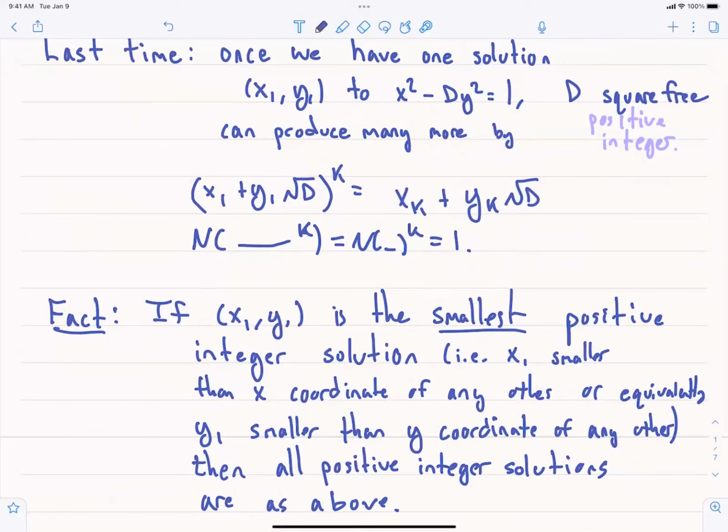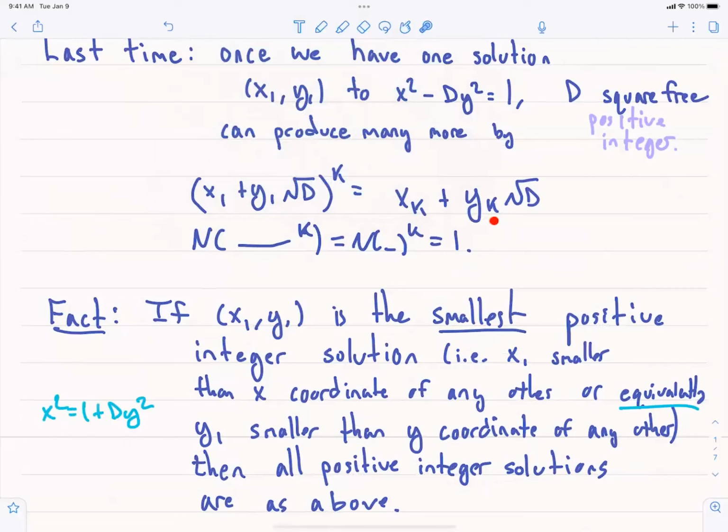You can look at the x coordinate or y coordinate equivalently, because x squared is equal to 1 plus dy squared. So as x gets bigger, y also gets bigger, and vice versa. So it doesn't matter whether you talk about the smallest x coordinate or the smallest y coordinate.